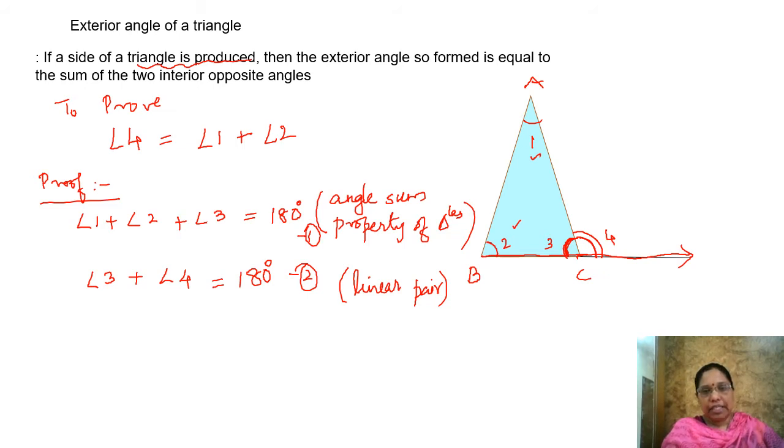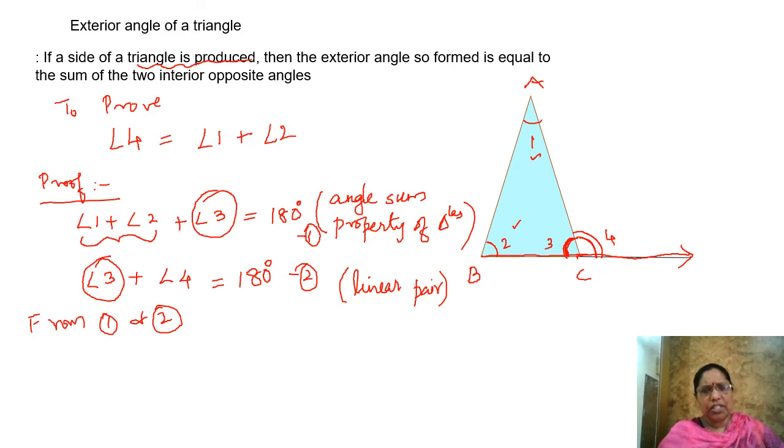Now look at the first and second. Angle 3 is here, angle 3 is here. What about angle 1 and angle 2? Don't think about interior angles and all those things. Just look at these two equations that I have written.